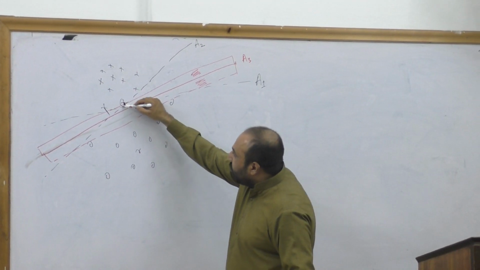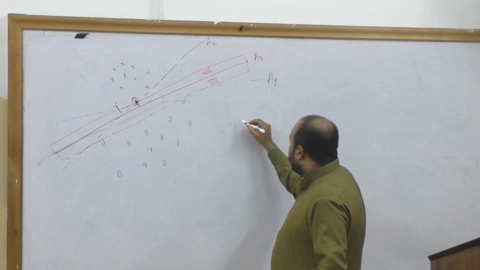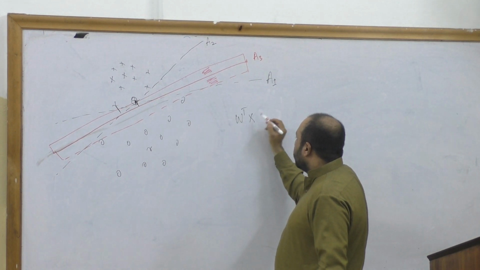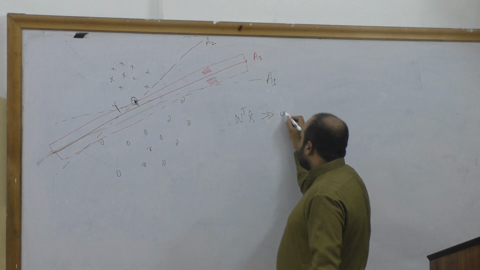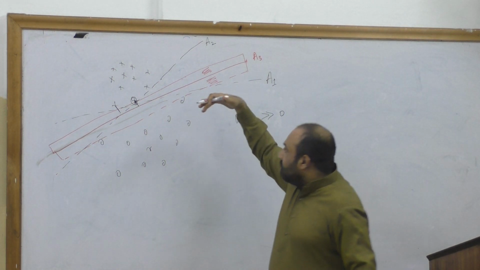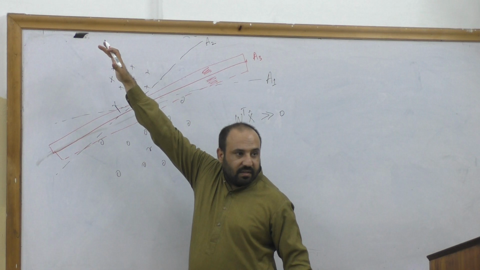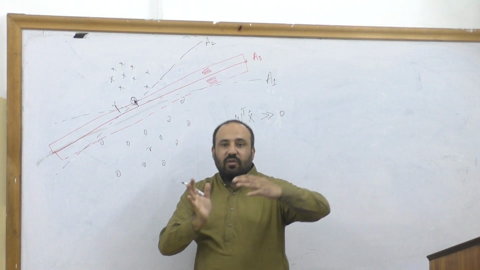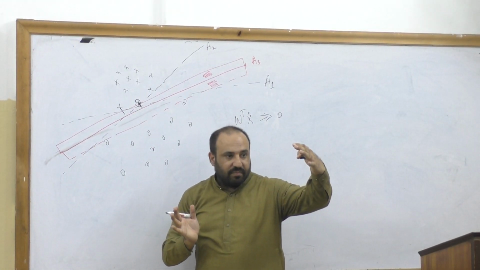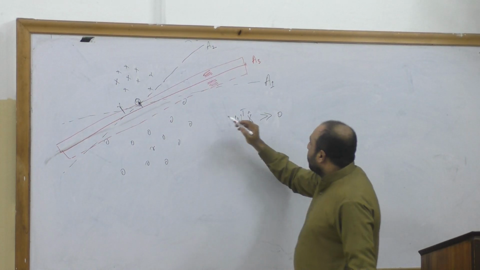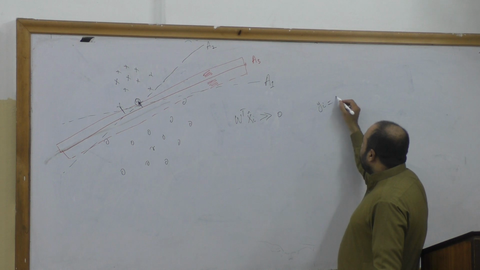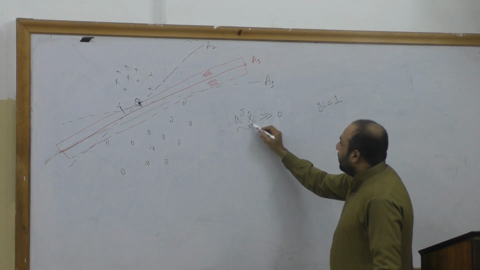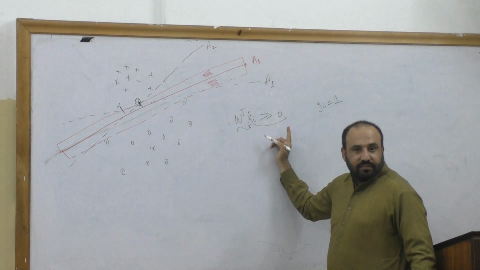If this is the closest point, you really want your W transpose X to be very greater than 0. I mean, it should be a very big positive number. Make sense? That's why you will be increasing the margin most. If yi is equal to 1, you need this thing to be very, very large.